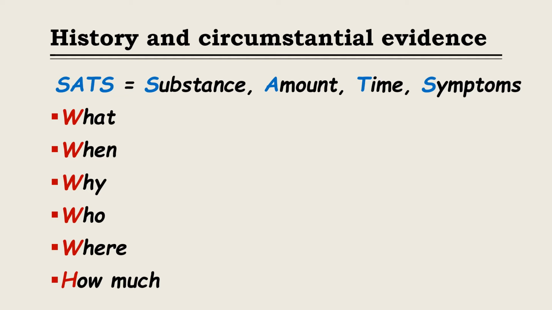Then in the present history, you should take details about the complaint. When did it start, is the start acute or gradual? What are the manifestations or the symptoms? And if he sought advice from a medical doctor or went to a hospital, and what medication he took, all about the complaint.